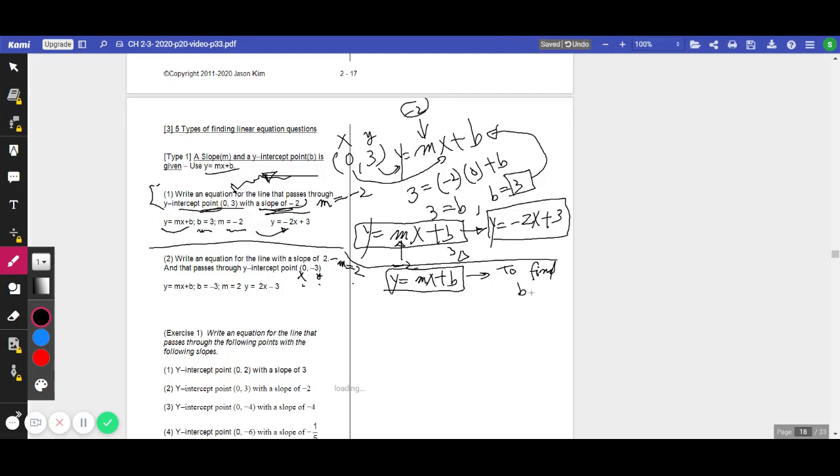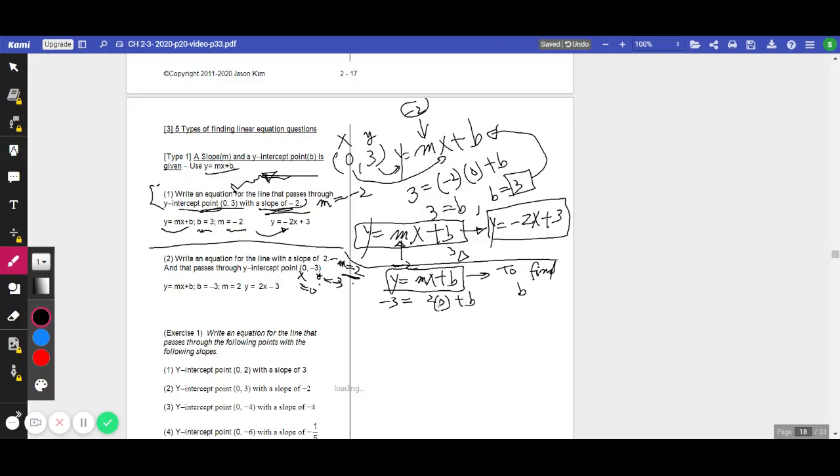So let's do it. What is the y value? -3 equals, what is m? 2, because m is 2, y equals -3, and x was 0, right? So replace 0 plus b.